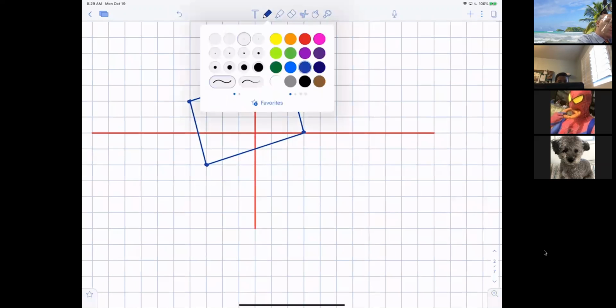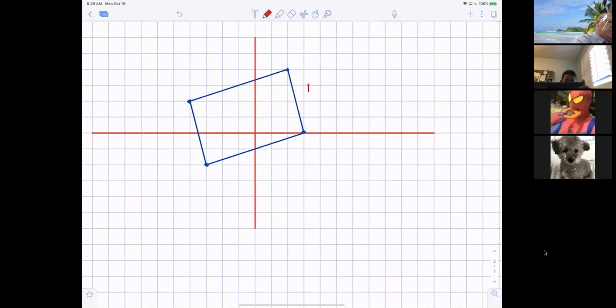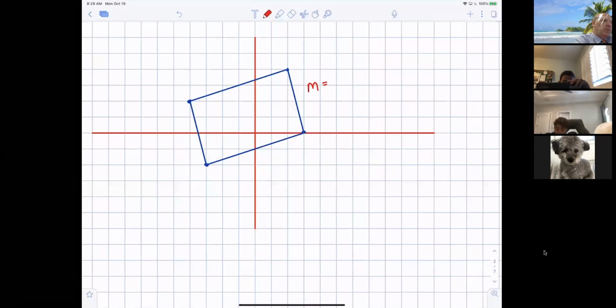Now, all you have to do is say the slope of this. What's the slope of that? I like drawing it so you can just count it out. What is the slope of the right side? What is it? -4. Everybody okay with that? All right, I need the slope of the bottom side.